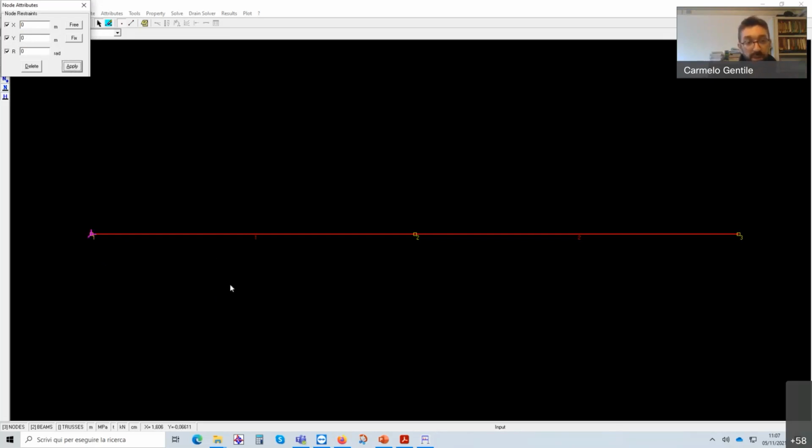We apply. So here it appears a symbol. This symbol is 3 purple lines. It means that each line is associated to a prevented motion. So the vertical line means that we are preventing the vertical displacement, or maybe we are fixing it, because we can also fix a displacement equal to 0.2 meters.